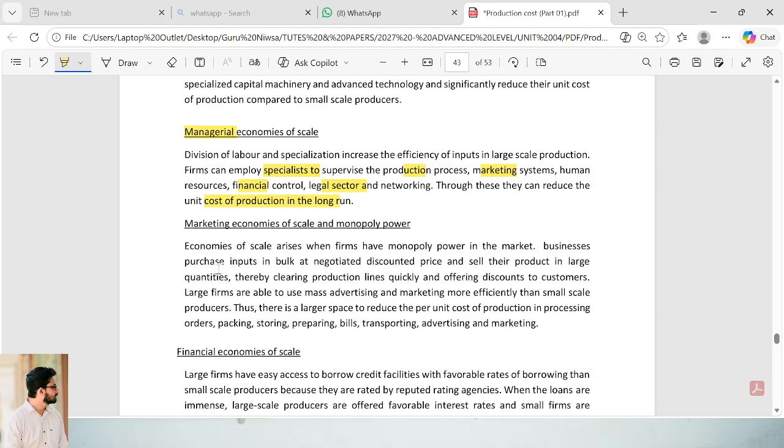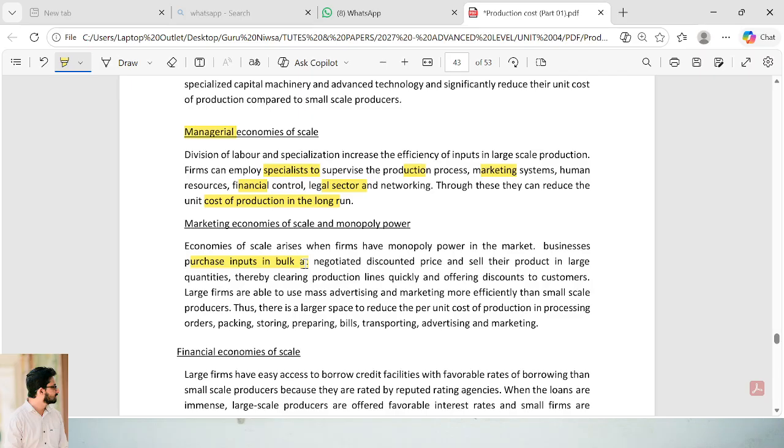Next one, marketing economies of scale. Can you read that point? Economies of scale arise when firms have monopoly power in the market. Businesses purchase inputs in bulk. So these large scale producers need raw materials in bulk, and they try to purchase them in bulk.